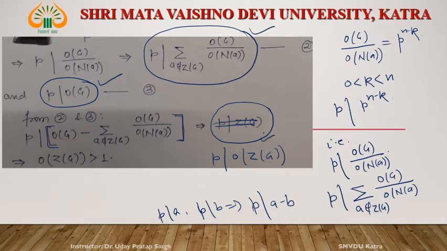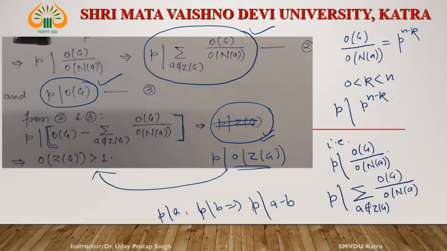From where do we obtain this? From the second class equation. If P divides order of Z(G), then this says that order of Z(G) is greater than 1.